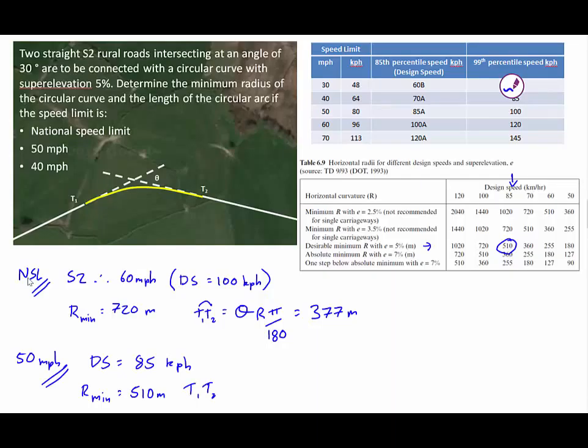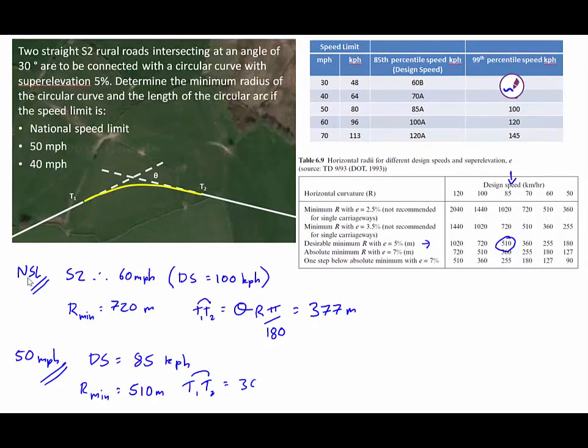And the arc length is 30 by 510 by pi over 180. And we get 267 metres.